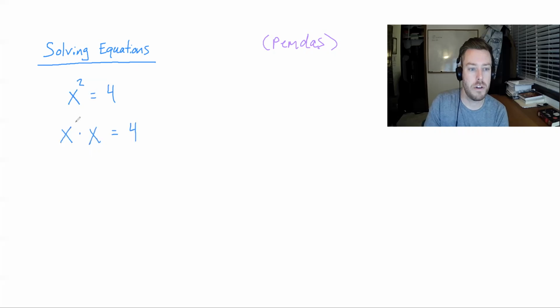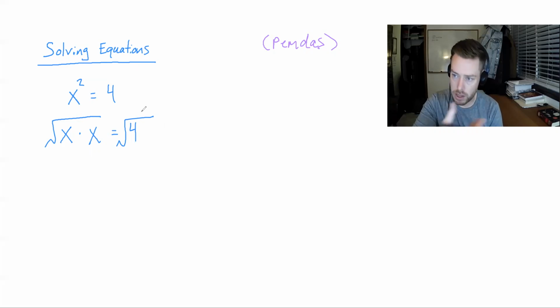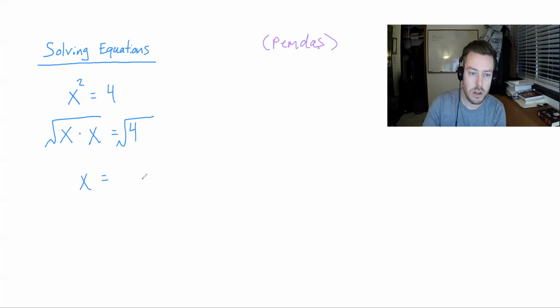We're going to take the square root of both sides, and whatever you do to one side, you have to do to the other one. So x times x, the square root of it is just x, and the square root of 4, which simply means what times itself will give you whatever is underneath the square root. We know that 2 times 2 is equal to 4, so we're going to get a 2 here.